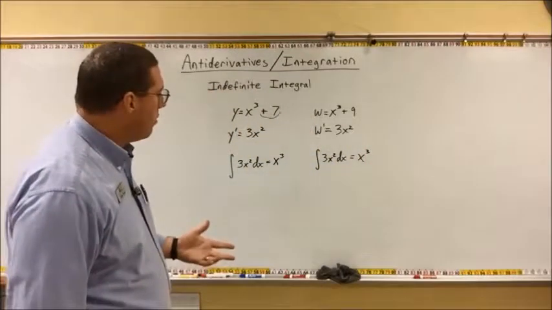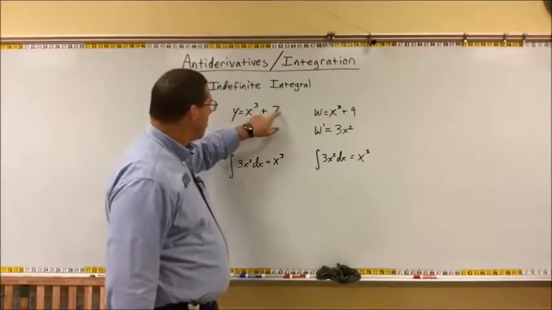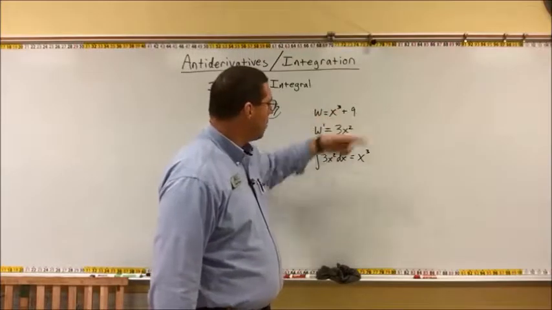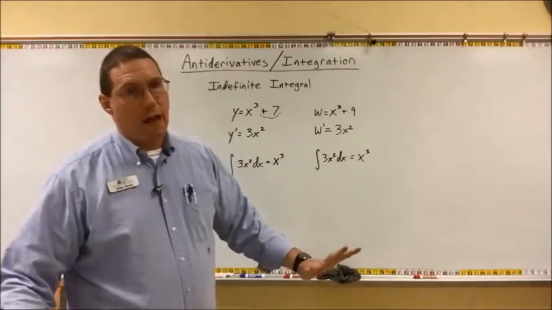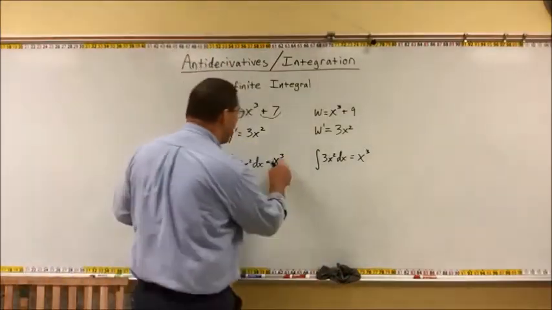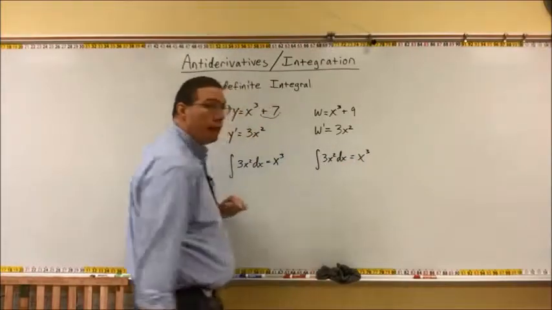But the problem is, this originally came from x cubed plus 7, and this originally came from x cubed plus 9. But there's no way at all, at least not yet, of knowing that this is supposed to be x cubed plus 7 and that this is supposed to be x cubed plus 9.